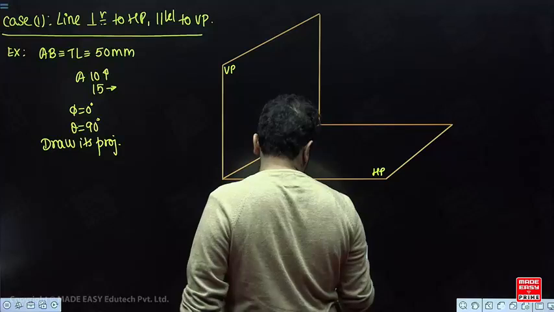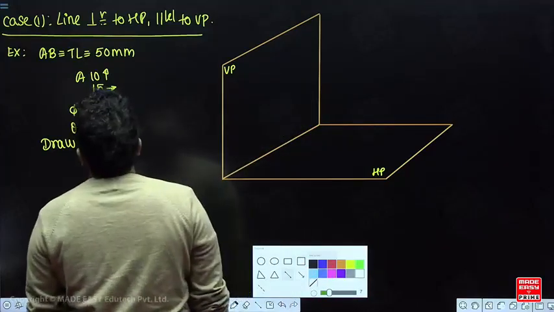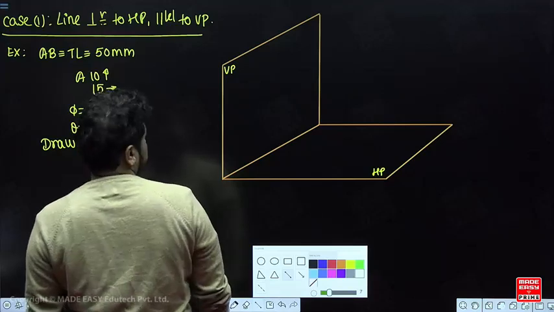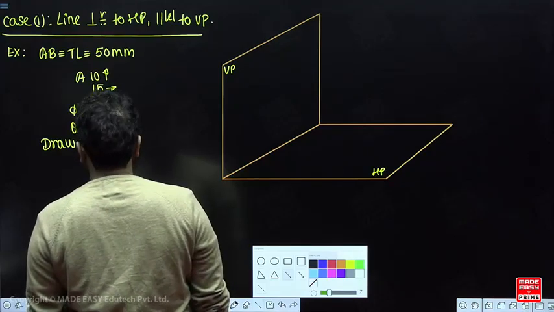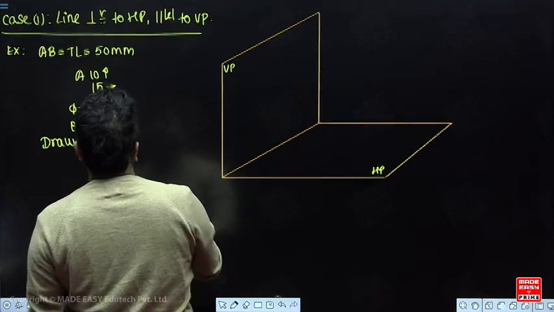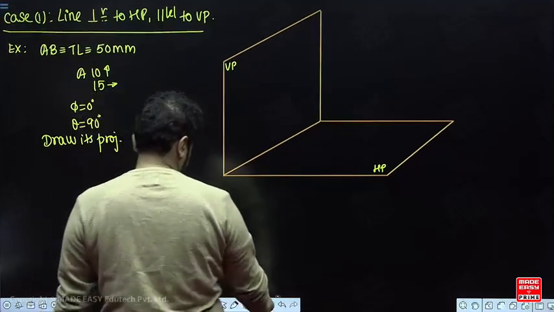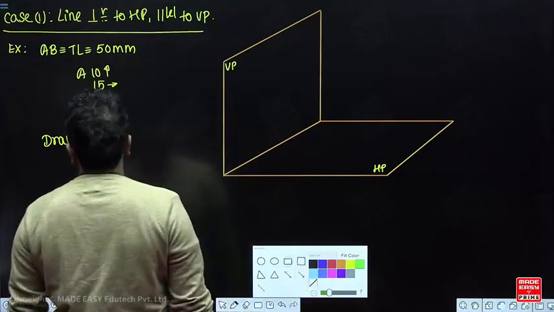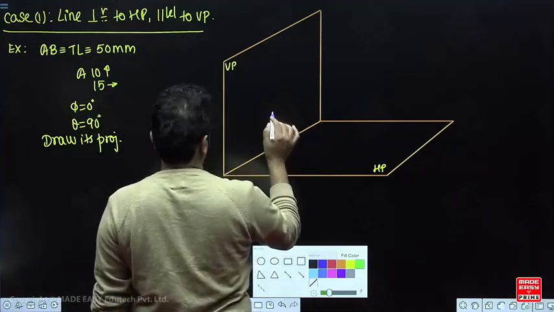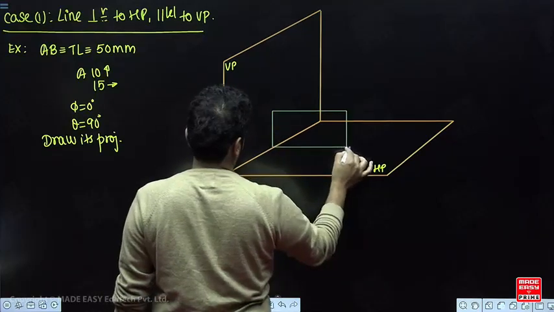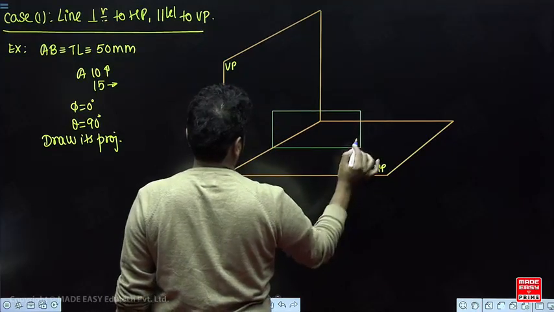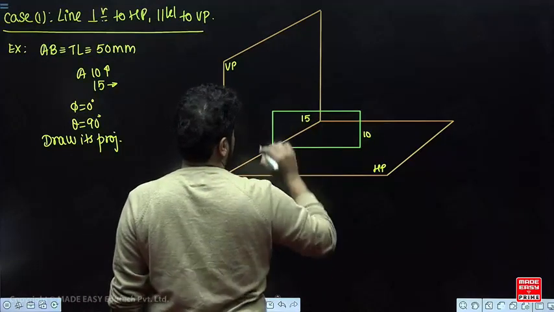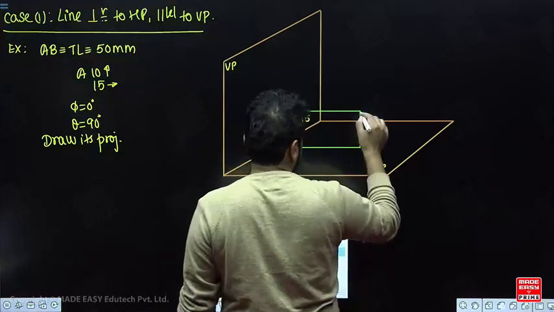See, लाइन थीटा इज इक्वल टू 90 डिग्री है ना, and phi is equal to 0 degree. करेक्ट. यही है ना. So 10 and 15 mm, 15 mm. This is the location of the point A.